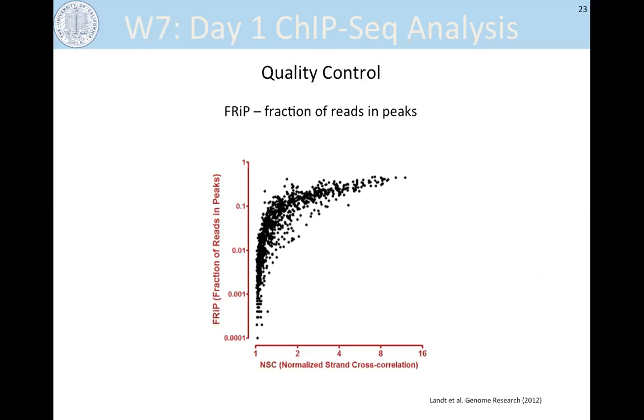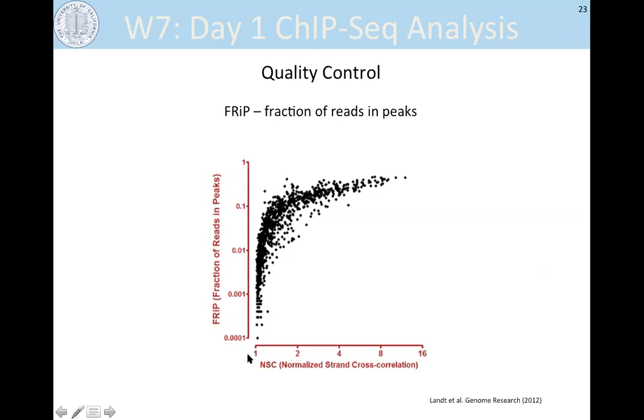But of course, as you would imagine, it really depends on what factors you're chipping. Some factors aren't as widespread in binding the genome, so you're intrinsically going to have fewer peaks, and the FRiP is going to be lower. So take these metrics with a grain of salt, I would say.